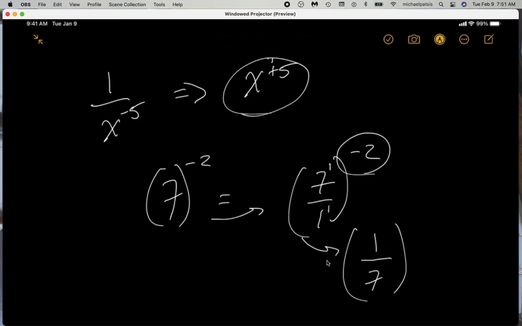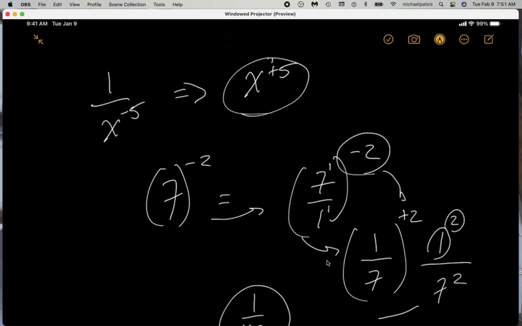And we apply the power rule after we change it to a positive. So now you have 1 squared over 7 squared. 1 to any power is always 1. Now you have 1 over 49 as your final.